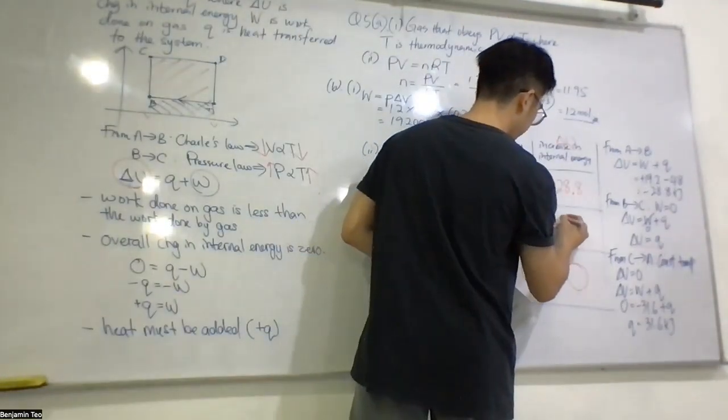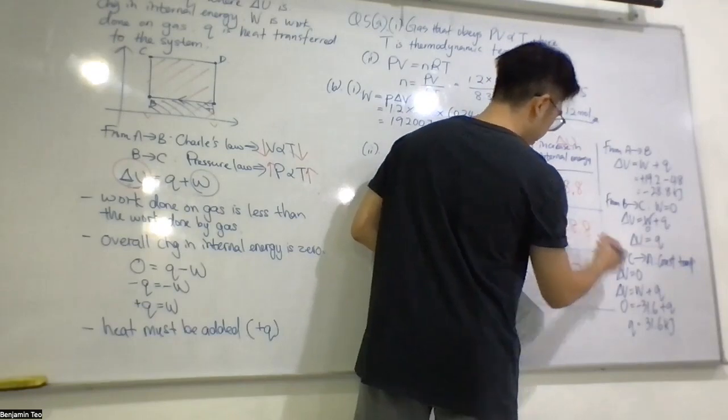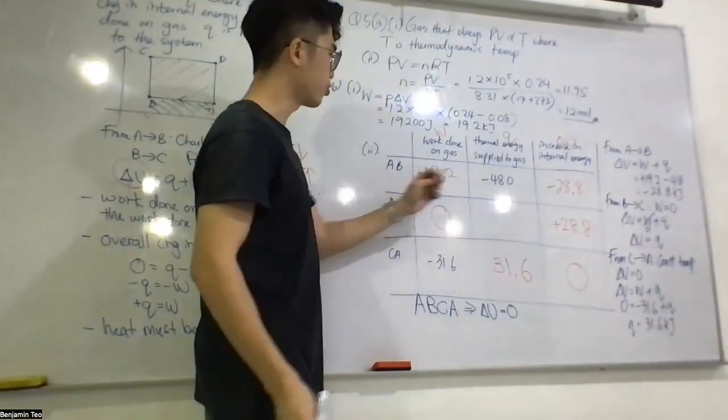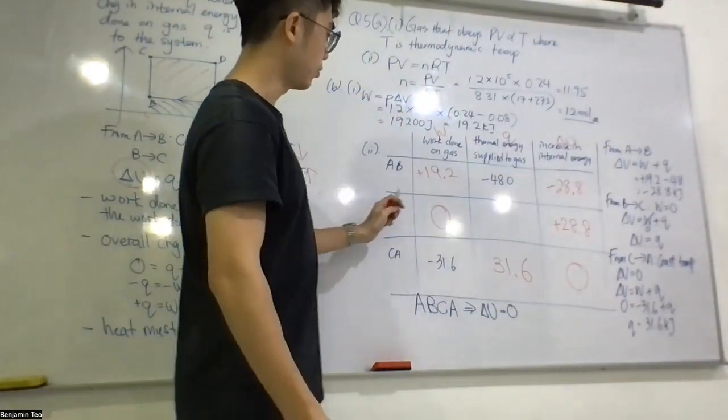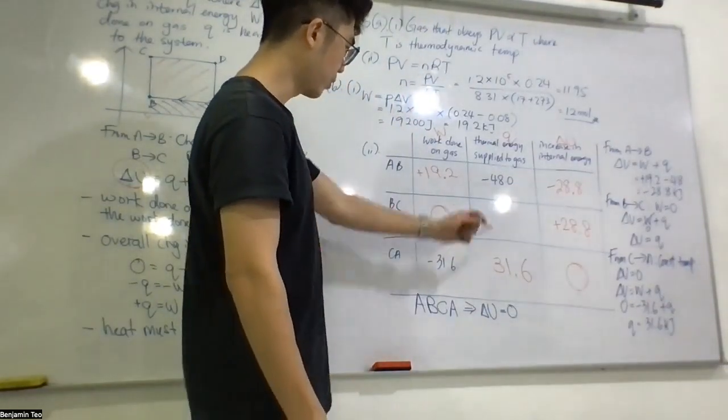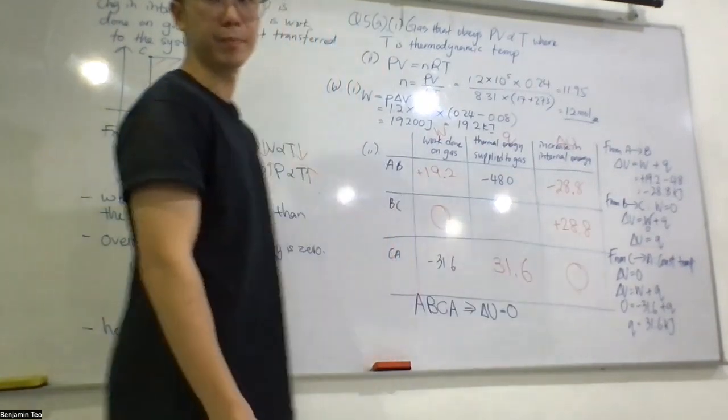So that tells us that this will be positive 28.8. That's how you get 0 overall. From A to B, your change is a minus. From B to C, your change is a plus. That's the only way you get the total is 0.